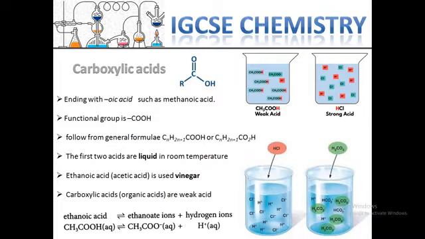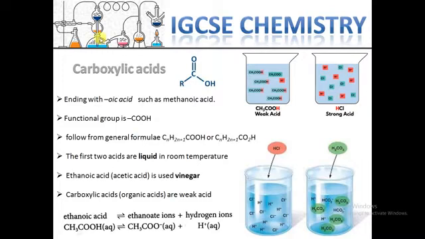Carboxylic acid, as you can see in the picture, has COOH. These four atoms together make a functional group, and an alkane or carbon chain with this group belongs to carboxylic acid.